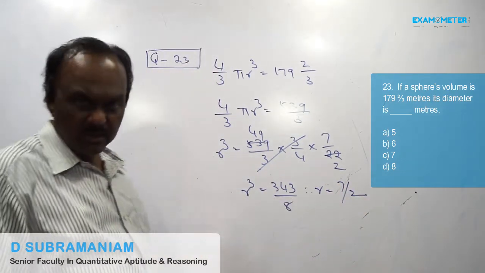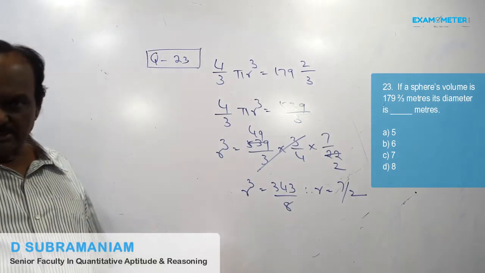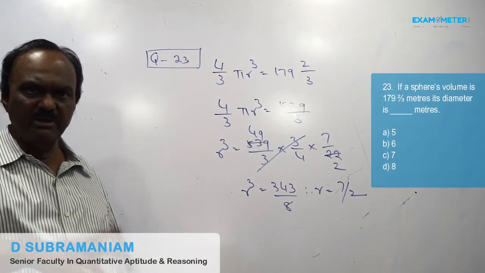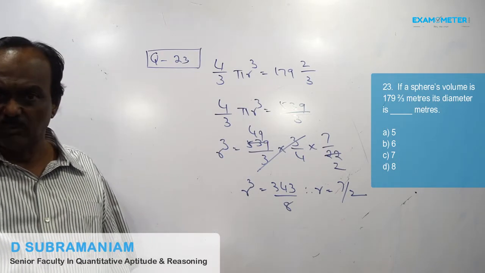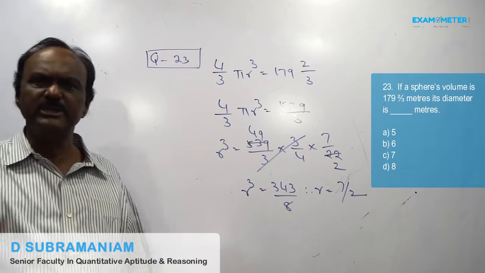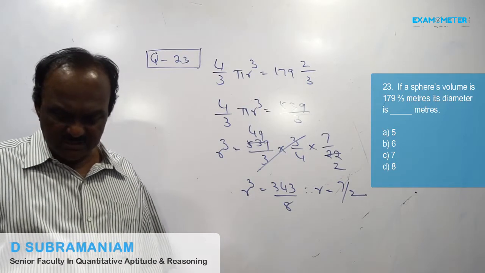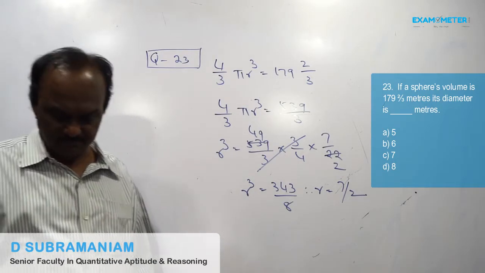Radius is equal to 3.5. They are asking diameter. So diameter will be double of the radius. Double of 7 by 2 is 7. So answer is 7. That is multiple choice C.